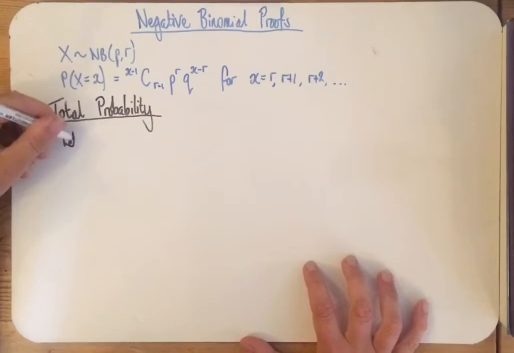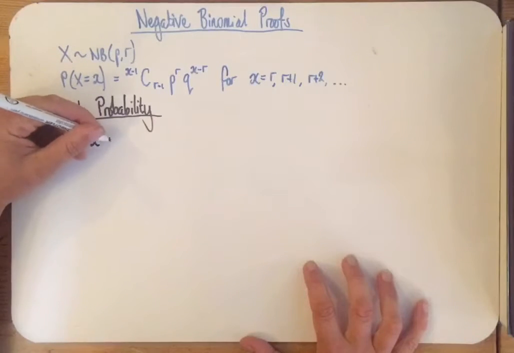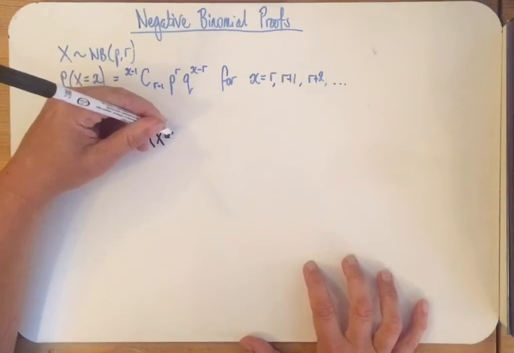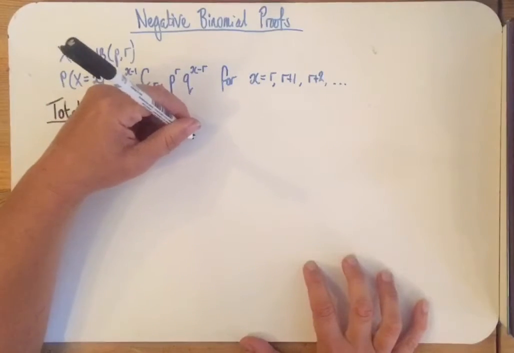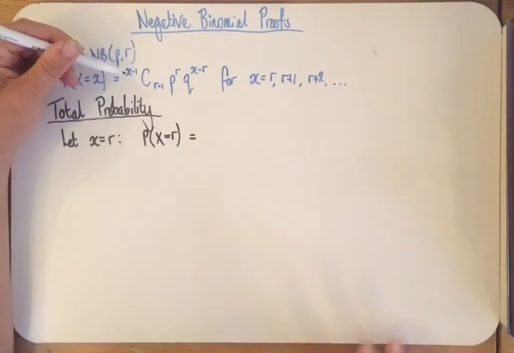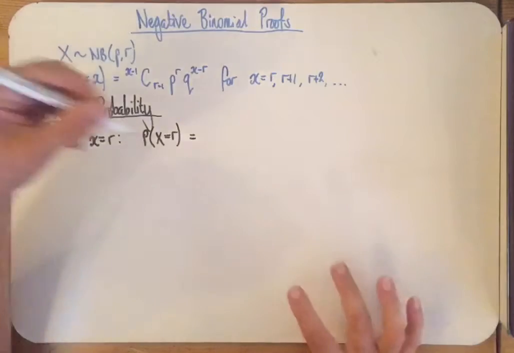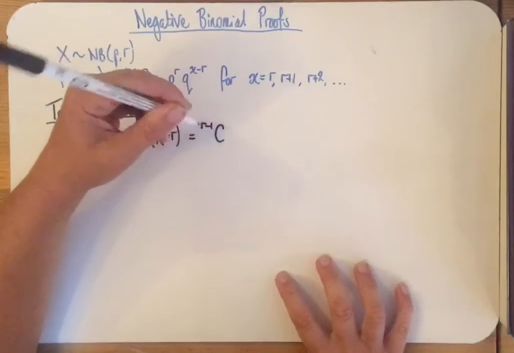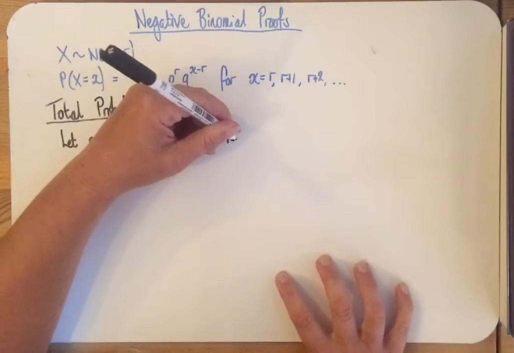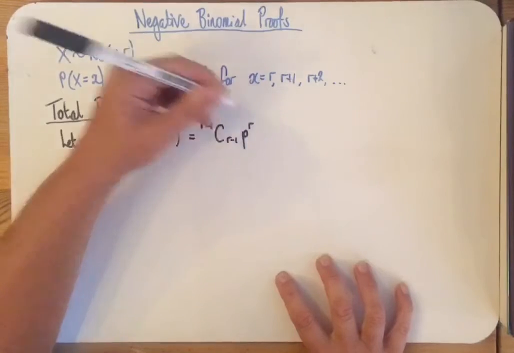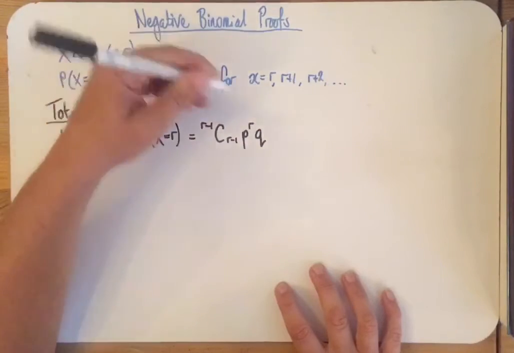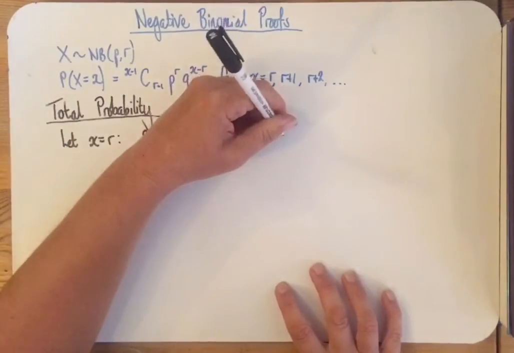So if we start with letting x equals r, then we can think about the probability that x equals r. I'm plugging into here, essentially replacing x with r. So you get r minus 1 choose r minus 1, p to the power of r, and then q to the power of r minus r, which is 0.